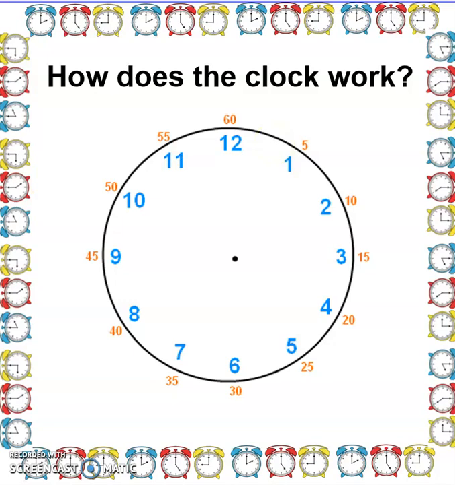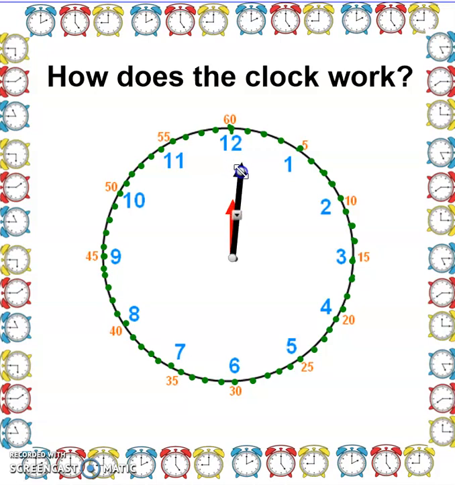Okay, let's move on. How does the clock work still? Look at the long hand, which is the minute hand, and the short hand is red. That's the hour hand. We're going to work with these two hands to find out how the clock moves. This is the minute hand. Remember, that's the long hand, which is the one that will keep moving.